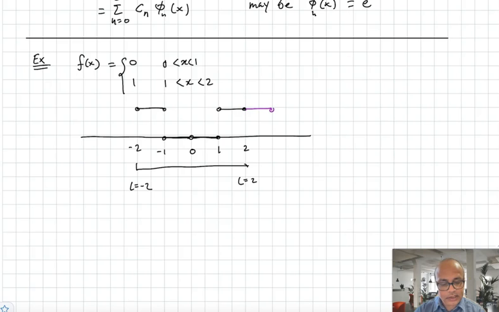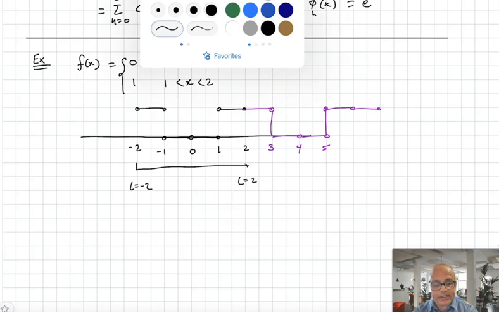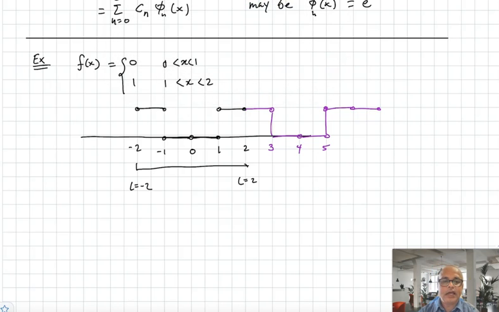So it will look like now, say 2, 3, 4, 5, and so on. And I can repeat that to the left. So this is an even extension, and then I have extended it periodically. So I can say that it's an even extension, periodically.